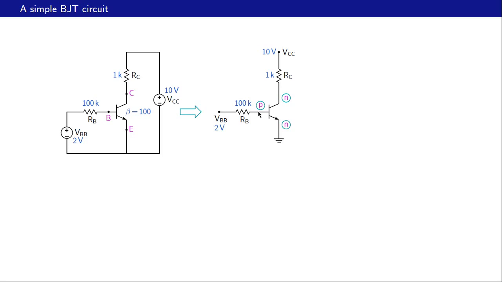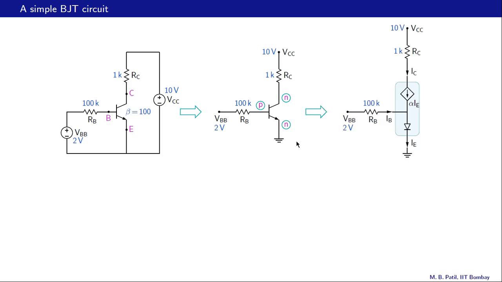Next, we replace the transistor with its equivalent circuit, assuming that the transistor is operating in the active mode. So let us do that, and that is what we get. So the rest of the circuit remains the same, and the transistor has been now replaced with this rectangle here. And what do we have inside?